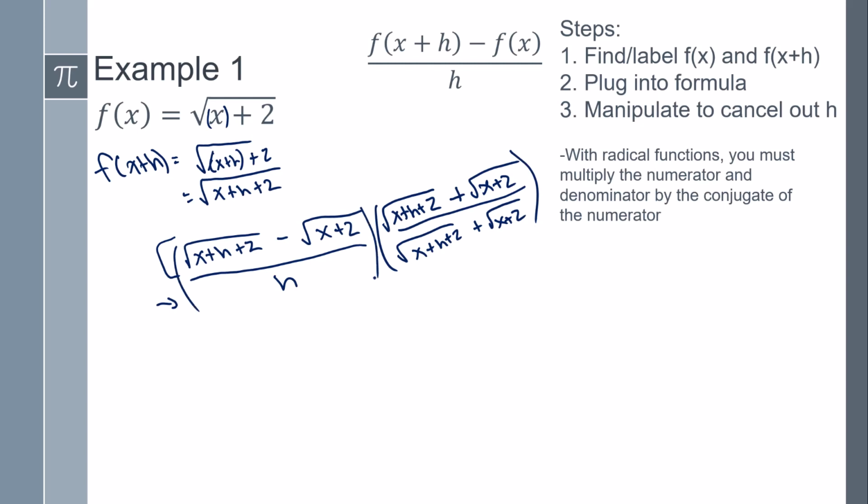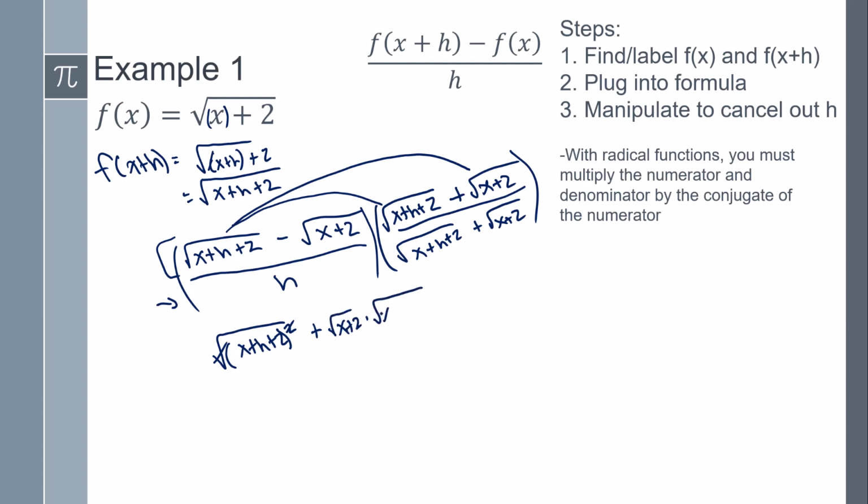And so now, when you multiply it out, you're going to see the magic happen. If I multiply these first two together, you're going to get the square root of x plus h plus 2 squared, because I have two of them. Well, that'll end up canceling out. So that was the first. Then we multiply that, so I get positive square root of x plus 2 times the square root of x plus h plus 2. Multiply these, so minus square root of x plus 2 times square root of x plus h plus 2.